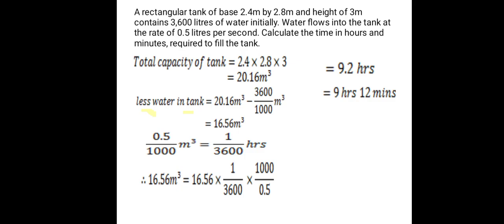We multiply 16.56 multiplied by 1 over 3,600 and then divide by 0.5 over 1,000, or just multiply by the reciprocal of that 0.5 over 1,000. We get that it will take 9.2 hours to fill the tank. This is equivalent to 9 hours and 12 minutes.